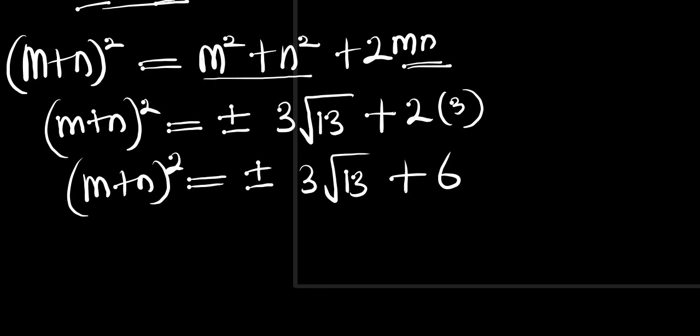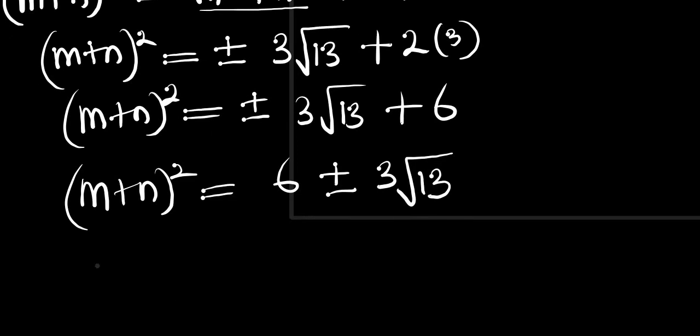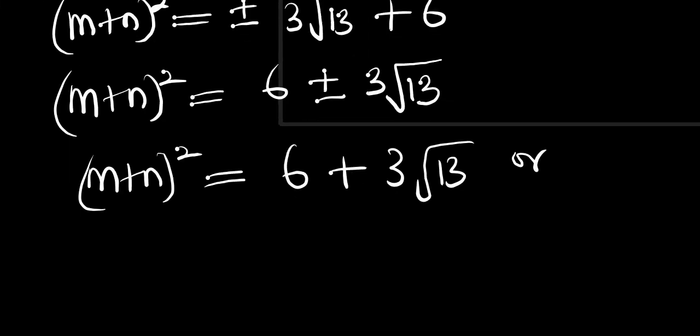Then let's rearrange this equation. We have (m plus n) all power 2 equals 6 plus or minus 3 root 13. So it is either 6 plus 3 root 13, or 6 minus 3 root 13.